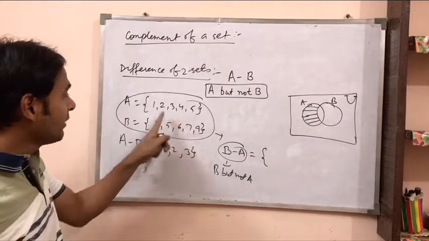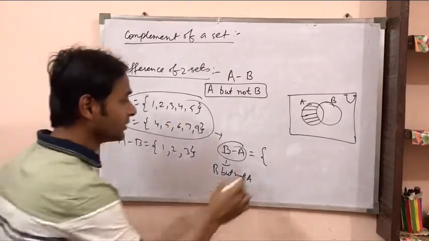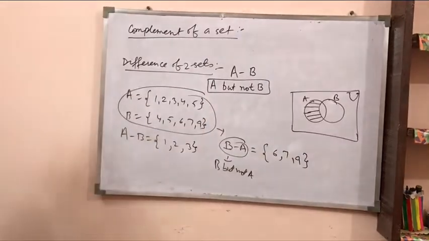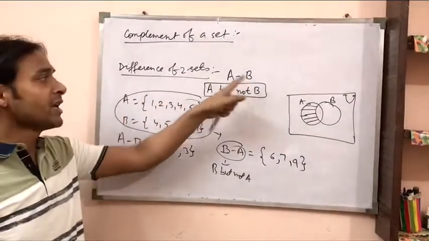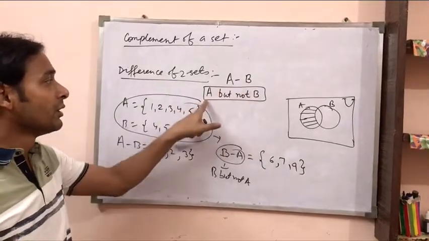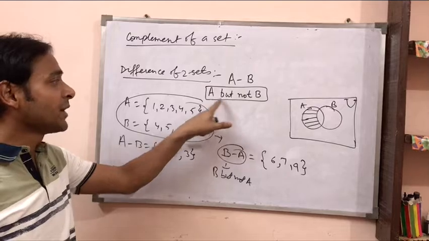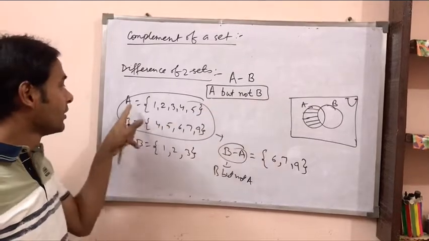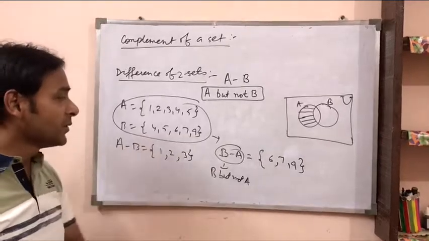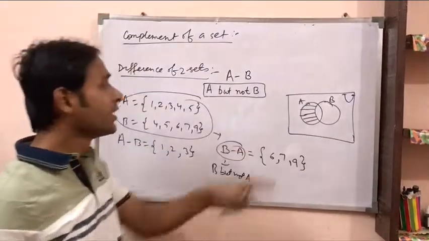That means 4 and 5 नहीं आएंगे, तो क्या आएगा? 6, 7, 9. This is B minus A. So this is difference of two sets, A minus B, A but not B. This is the notation and this is the definition. These two are the sets A and B. We have taken an example. This is A minus B, this is B minus A, and this is the Venn diagram of A minus B.